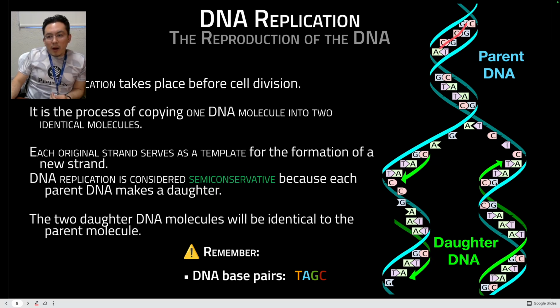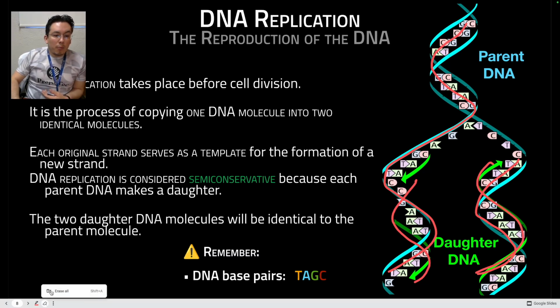So from one parent DNA molecule, we will eventually have two daughter DNAs, or daughter molecules, being formed as a result of this semi-conservative process.